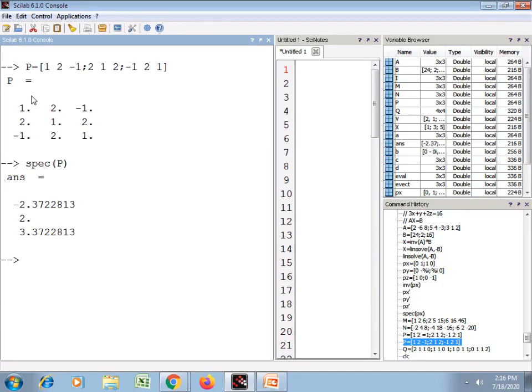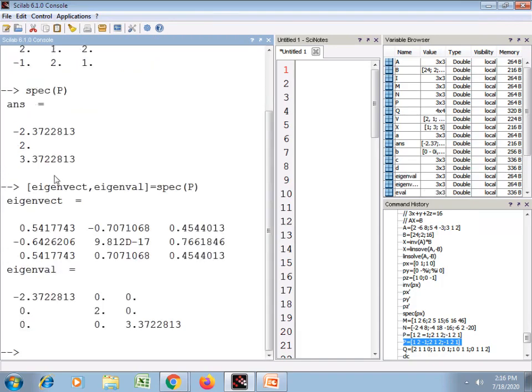How to get the eigenvectors of the matrix? To get the eigenvectors of the matrix corresponding to the eigenvalues, we use, suppose, the variables eigenvector and eigenvalue equal to spec of P. So these are the eigenvectors of the matrix P, and these are the eigenvalues of the matrix P. So first column vector is corresponding to first eigenvalue.